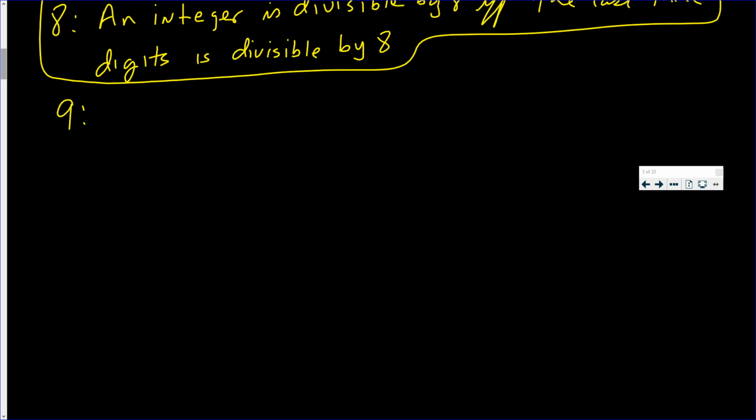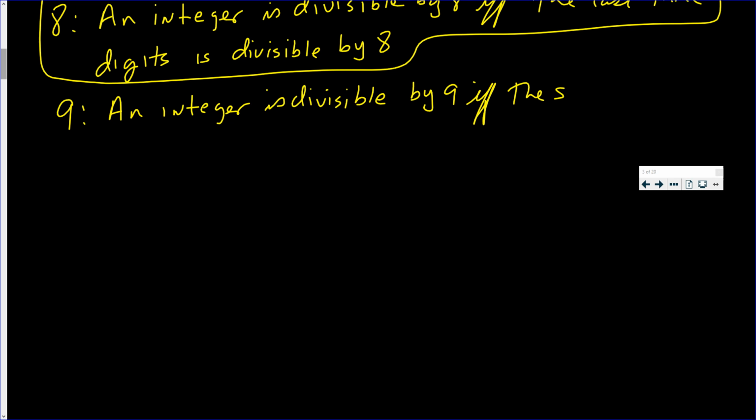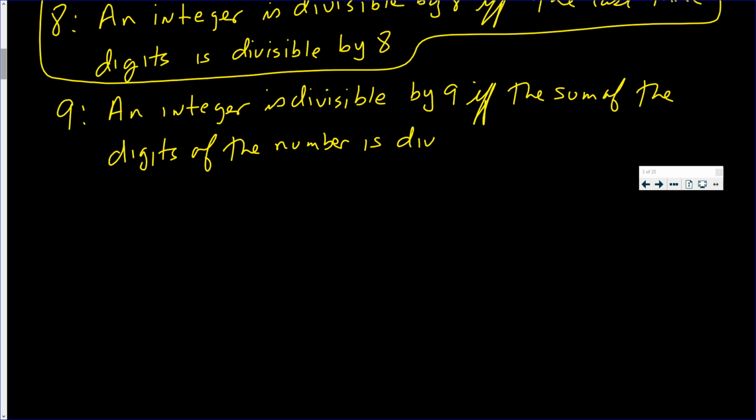Number 9 is very similar to number 3, except instead of saying 3, we say 9. An integer is divisible by 9 if and only if the sum of the digits of the integer is divisible by 9.